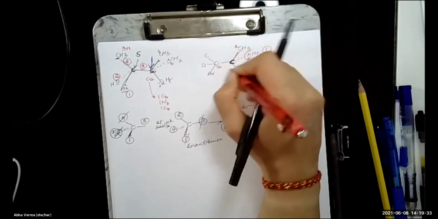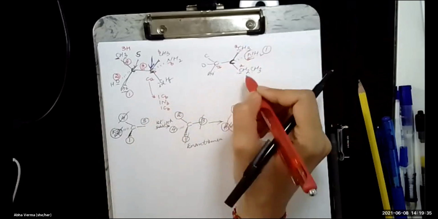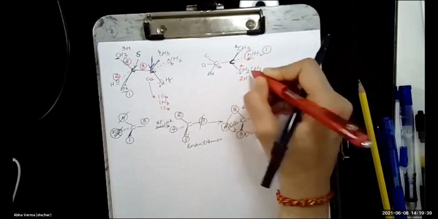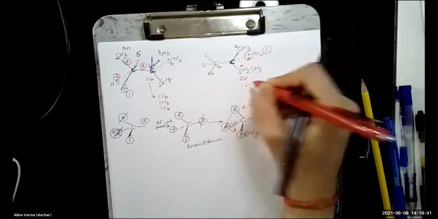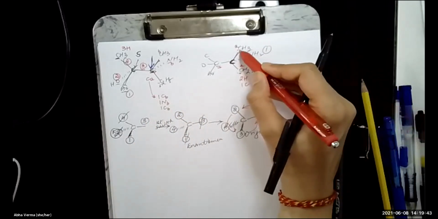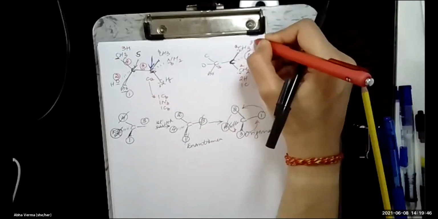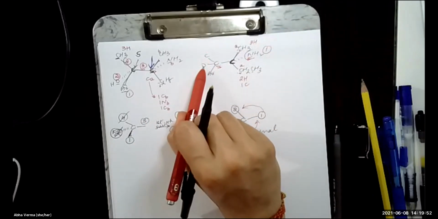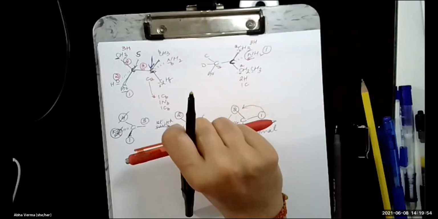Among these 3, we see that this carbon A has 2 hydrogens and 1 carbon. This carbon A has 3 hydrogens, whereas this carbon A has a carbon, an oxygen, and a bromine.